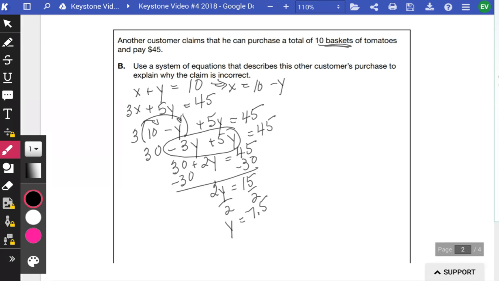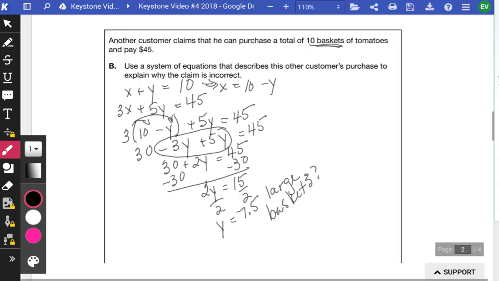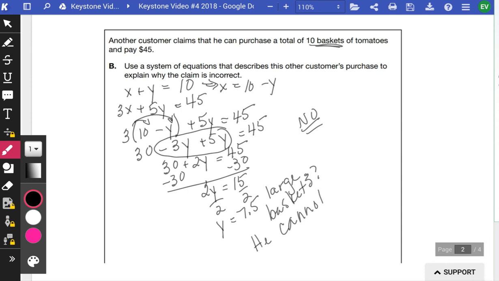Remember, y represents the number of large baskets. So can he purchase a half a large basket? No. So he cannot buy a half a large basket.